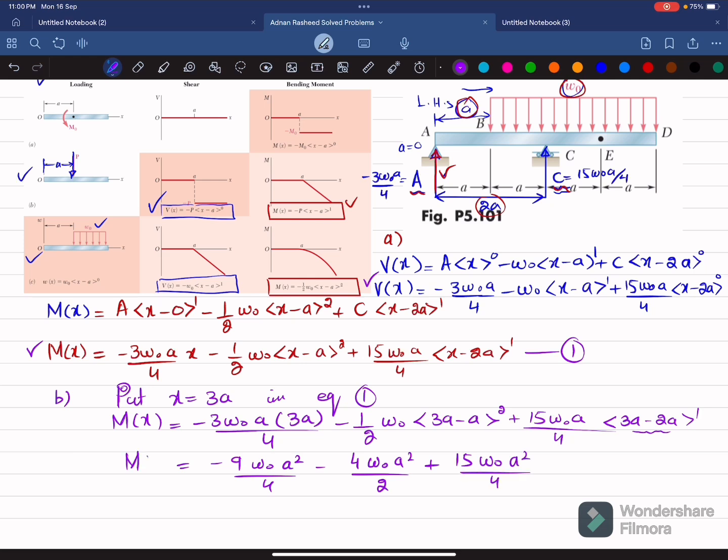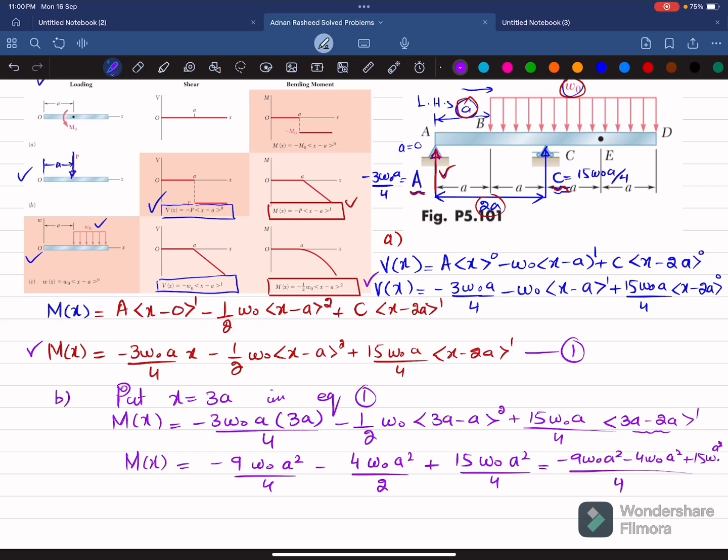This is moment M of X. And when you solve this further, you can take the LCM. So 4 will be LCM, so it will be minus 9 W naught A square minus 4 W naught A square plus 15 W naught A square.